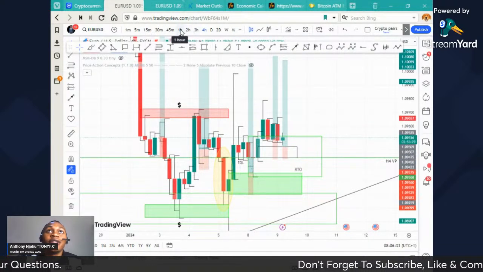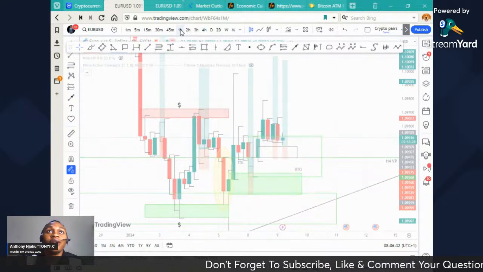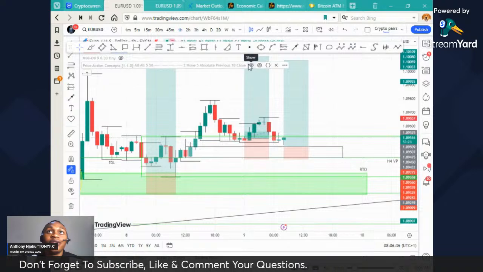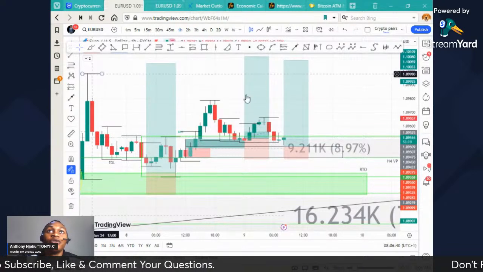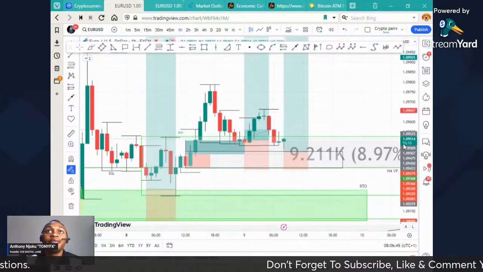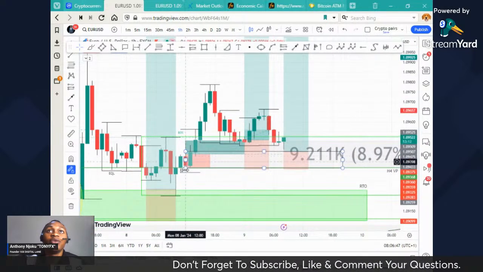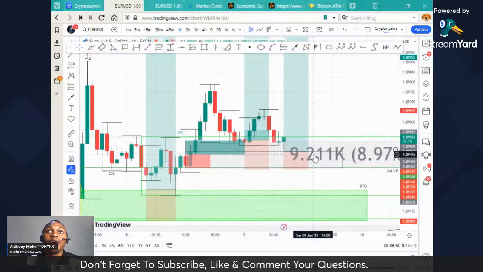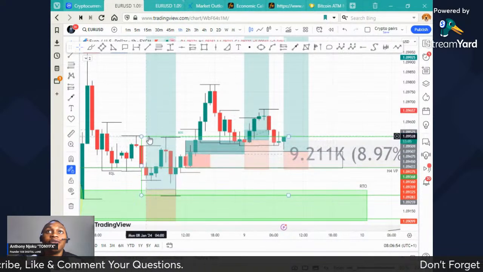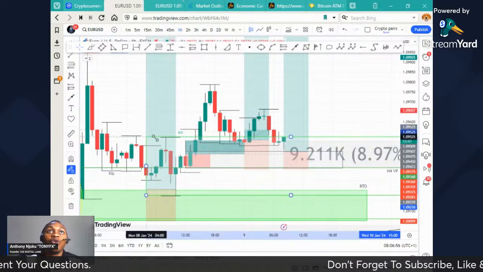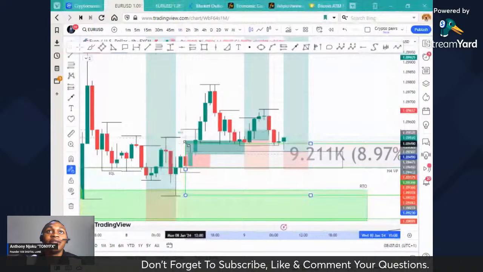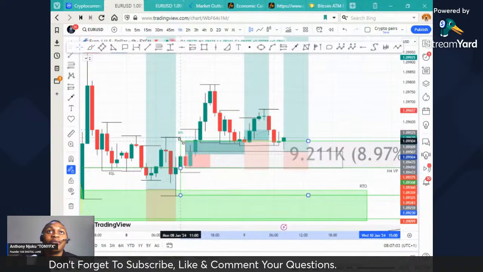Then I go down to a lower time frame to scale down on that particular order block. When I scale down further, we see this 1 hour order block, which has about 9.211k orders in it. We refine that and scale down further.